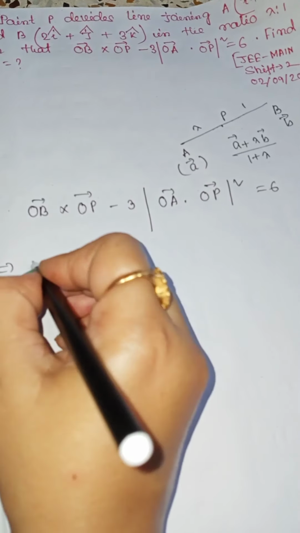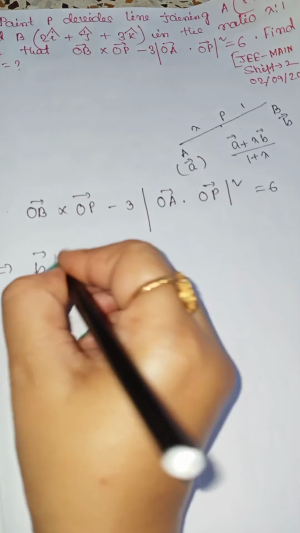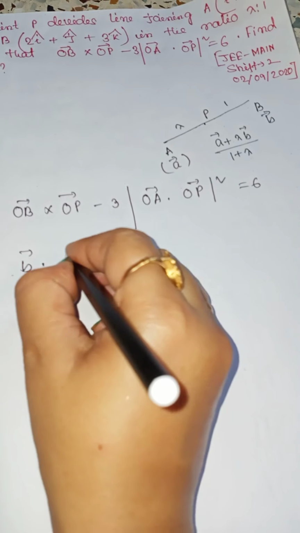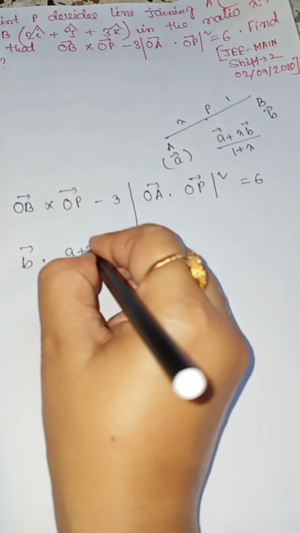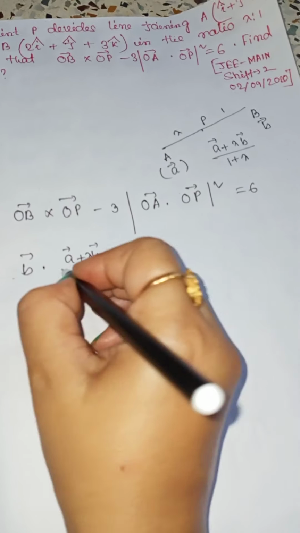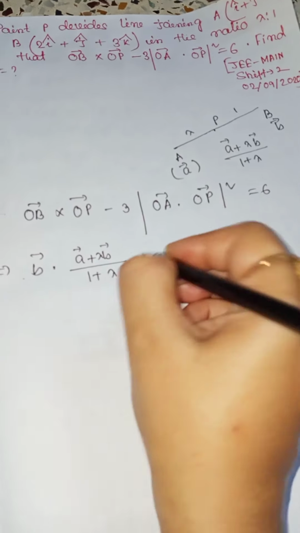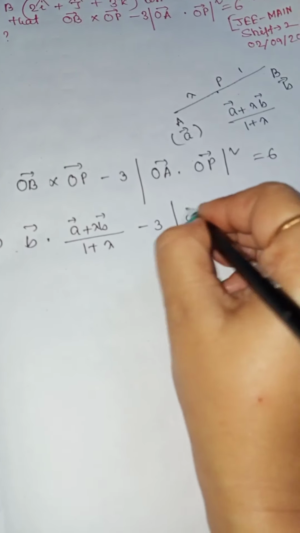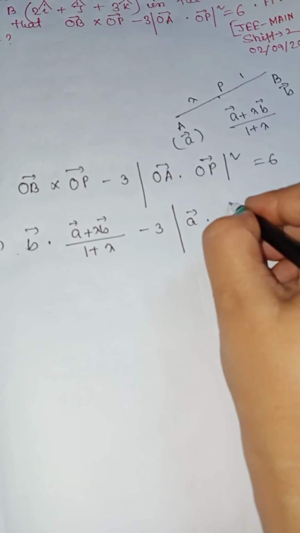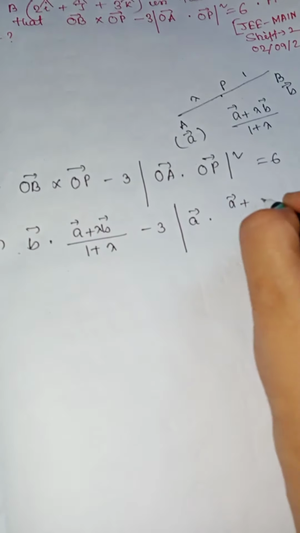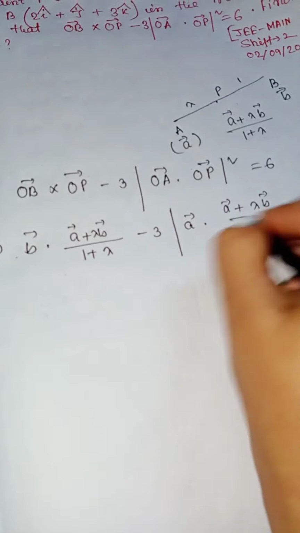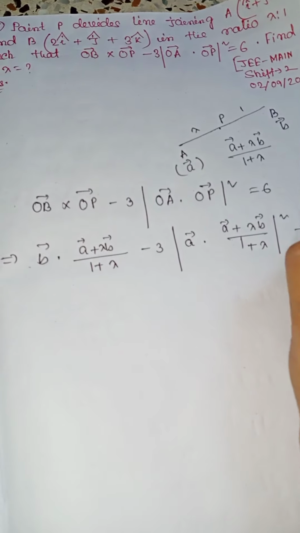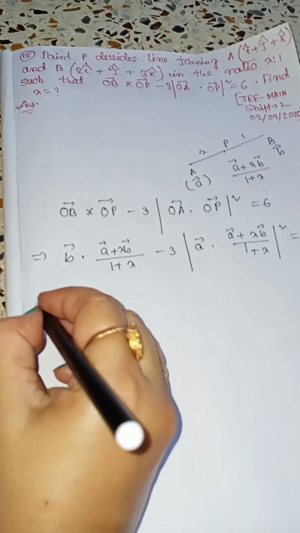That implies OB is equal to B vector, and OP is equal to A vector plus lambda B vector divided by 1 plus lambda, minus 3 mod of OA, which is A, into OP, which is once again A vector plus lambda into B vector divided by 1 plus lambda, its square, and that is equal to 6.